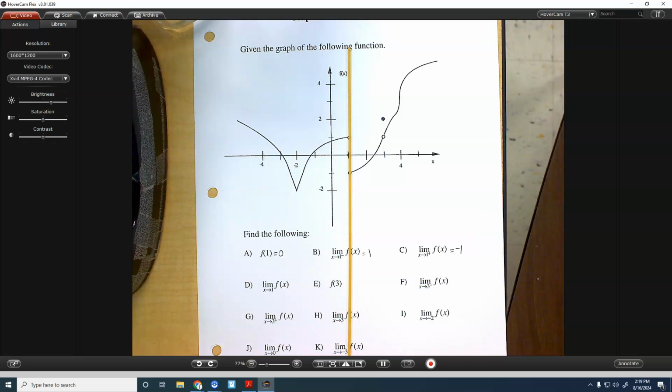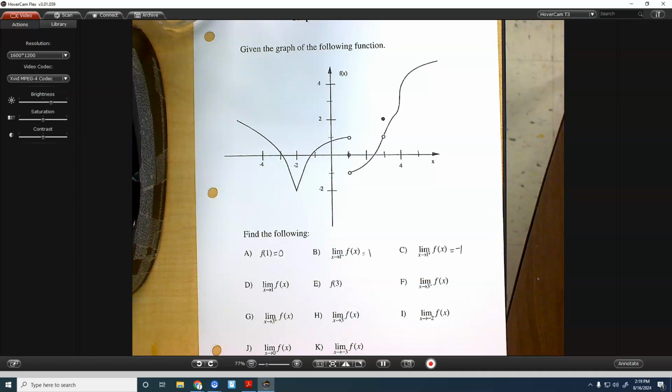Okay, now what do you guys think about D, where it says the limit as x approaches 1 of f of x? If I don't have a plus or a minus, it means from both sides. So we already said that the limit as x approaches 1 from the left equals 1. From the right, it equals -1.